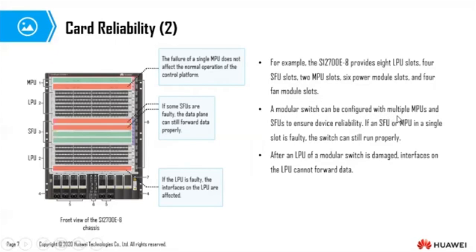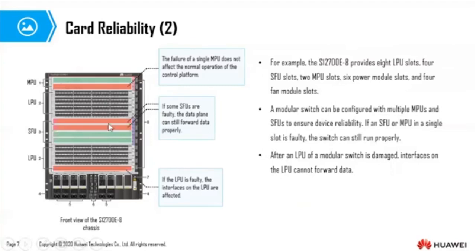So a modular switch can be configured with multiple MPUs, SFUs, to ensure device reliability. If an SFU or MPU in a single slot is faulty, the switch can still run properly. That's what we call card reliability. After an LPU of a modular switch is damaged, interfaces on the LPU cannot forward data. So these are just examples.